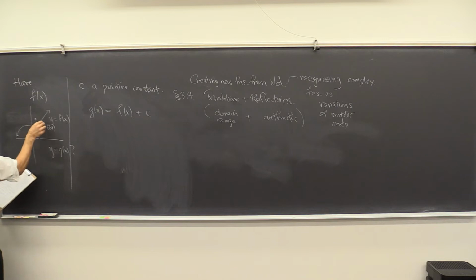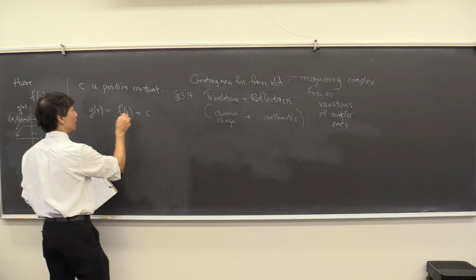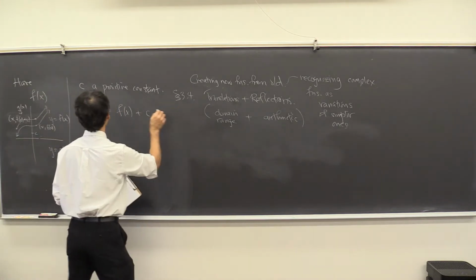So it just gets shifted up by c, and that's g. So the graph is going to look like this. This is what's called a translation.